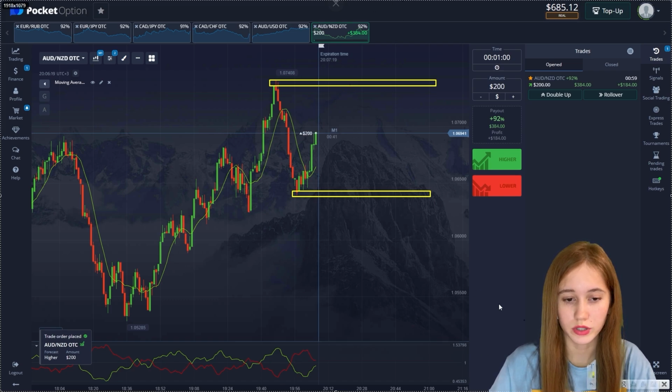By moving average, we see lines in the upper position. It's good. By Quotex, we see the same situation. Red is uncertainty and green is in the upper position. It's good.